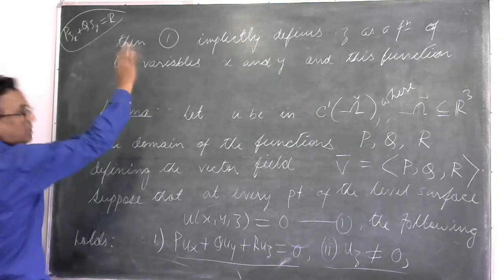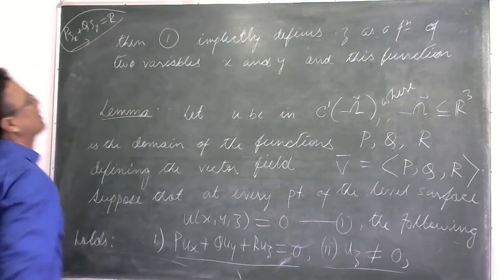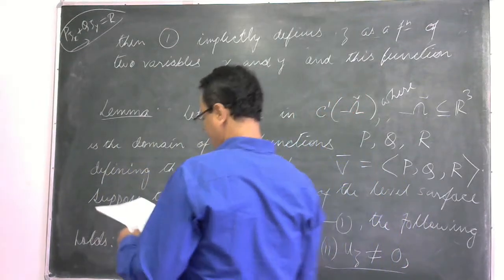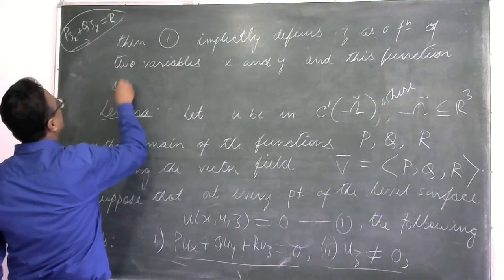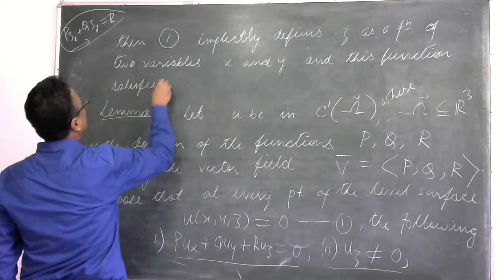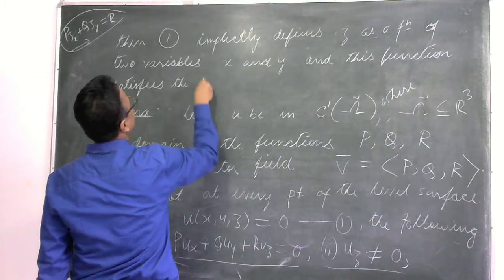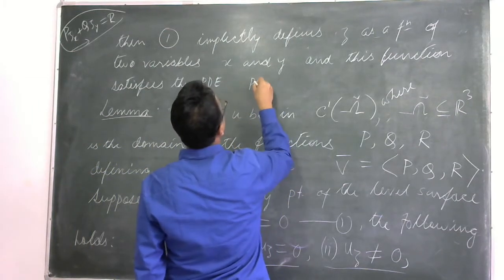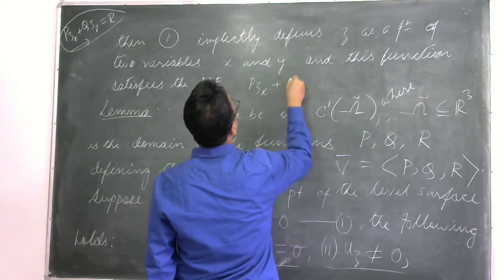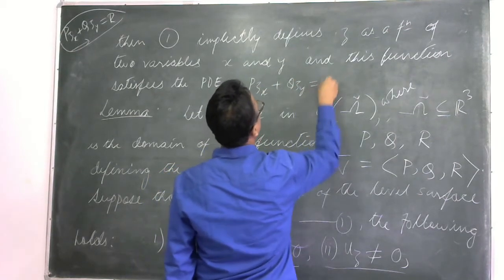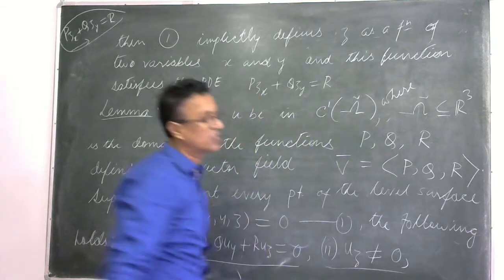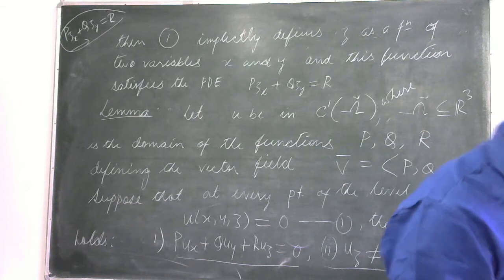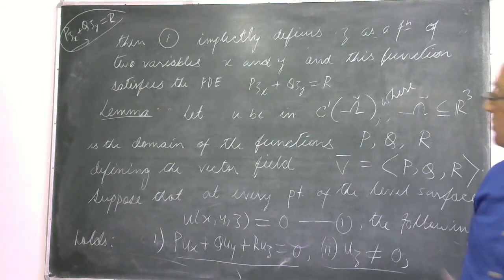So this is basically about finding the general integral of this. You should remember that. And this function satisfies the PDE, this one: P z_x plus Q z_y equal to R. This is what it is, and you will see that this is going to be straightforward.